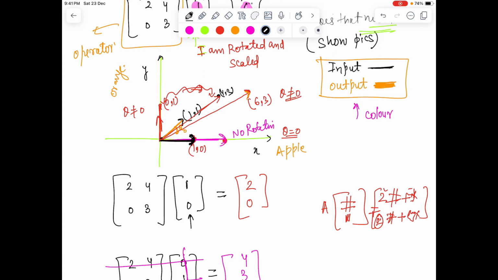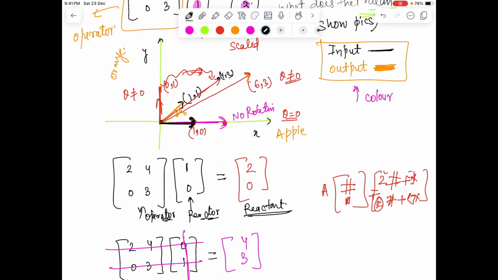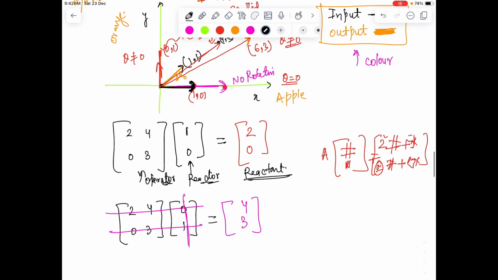If I take 1 comma 0 as a reactor, the final reactant that we are getting is just scaled, right? So this is an operator, and we have reactors and reactants. The operator is fixed during the course of the problem. The reactor keeps on changing, hence the reactant will also change. The final product will also change.